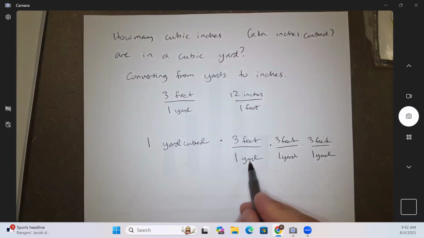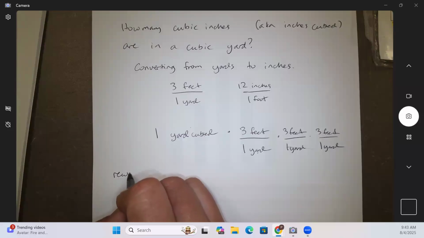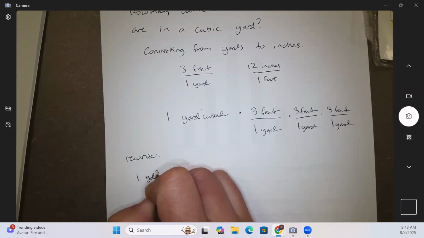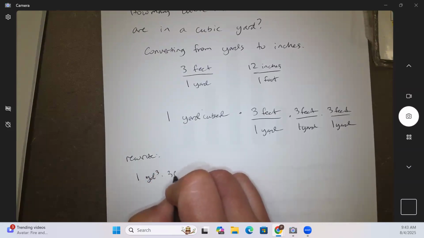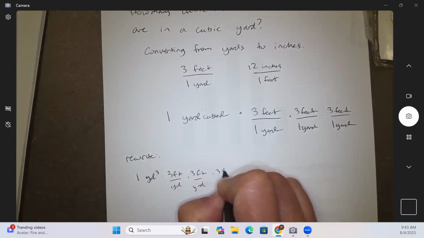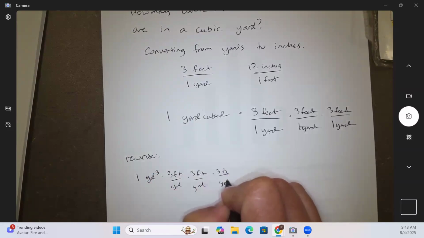That will allow me to cancel the yard cubed with all of those. I'm going to rewrite so we have space. 1 yard cubed times 3 feet per yard times 3 feet per yard times 3 feet per yard.